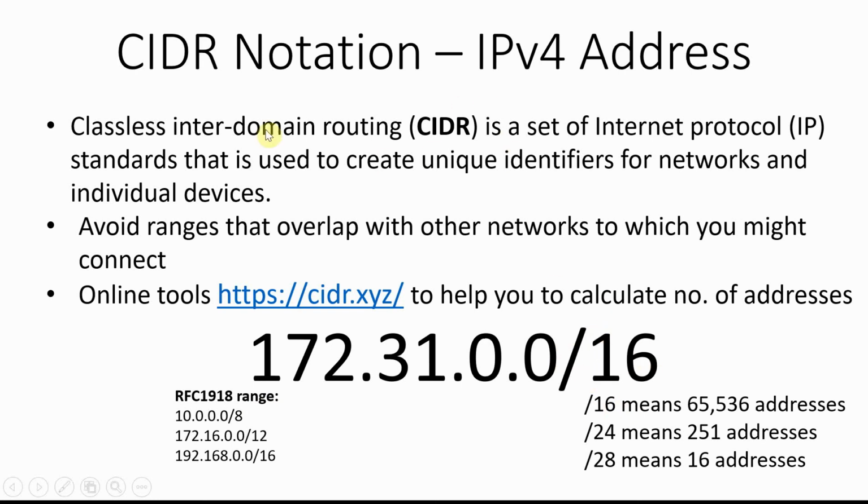All this is defined by CIDR. So it's a standard for IP protocols. From the exam point of view, a very important thing is that there should not be any overlap with other networks.